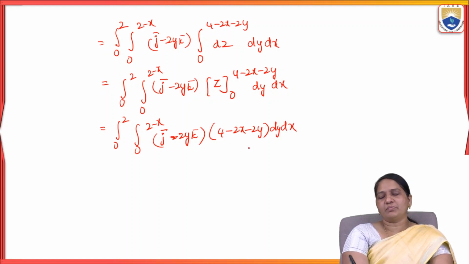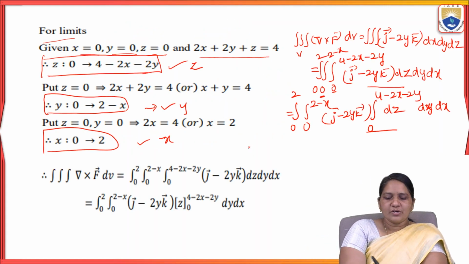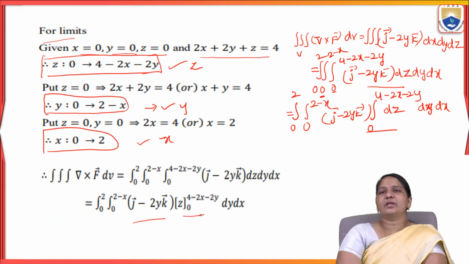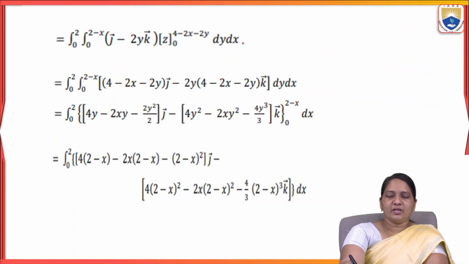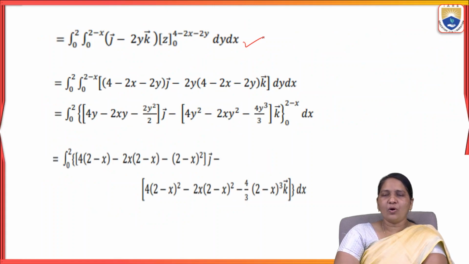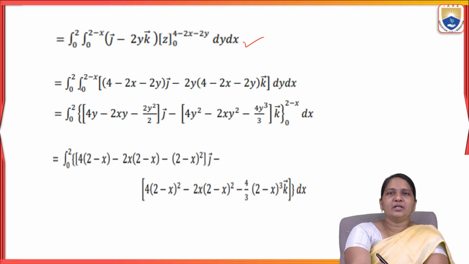So first we have to simplify this. Up to this you can observe: j bar minus 2y k bar into 4 minus 2x minus 2y dy dx. Now we can calculate the limits. First we have to simplify this value. What is the value we are having here? Integral 0 to 2, integral 0 to 2 minus x.